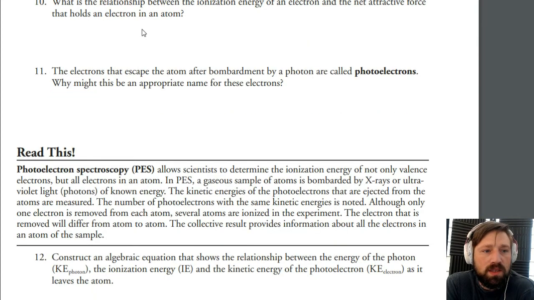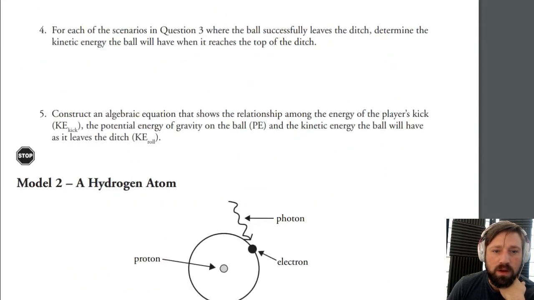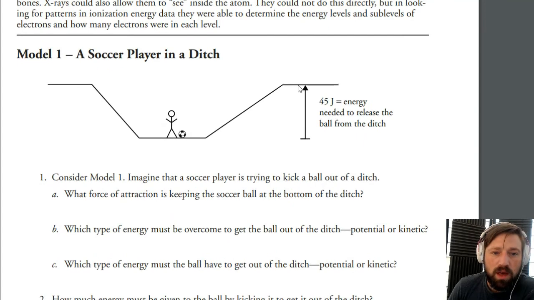Okay. What is the relationship between the ionization energy and the net attractive force which holds the electron in the atom? So it's going to be the same value, but the opposite sign. We have a certain net attractive force which is holding the electron in place, and we're going to need to overcome that. In the ditch example, if we're moving down, we are losing potential energy, and if we're moving up, we are gaining potential energy.